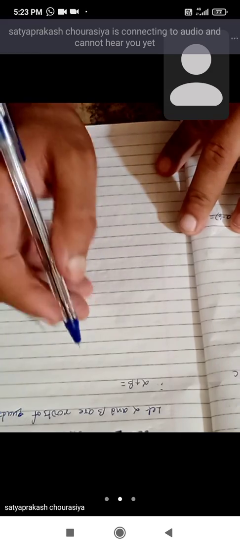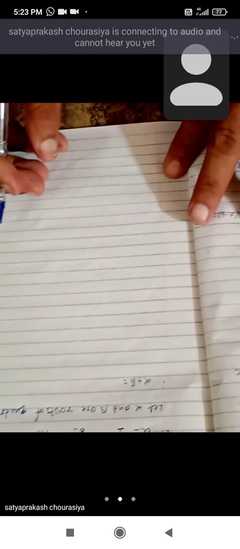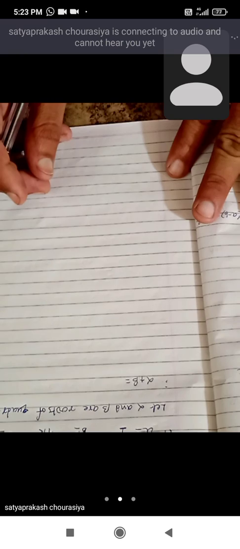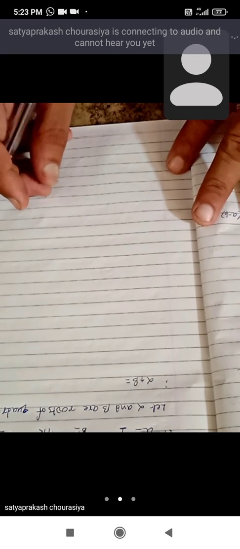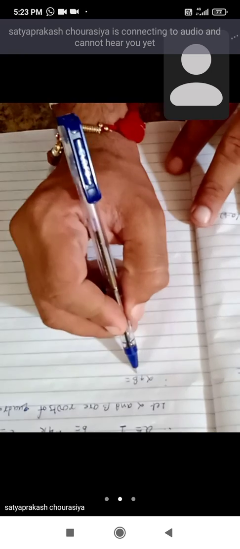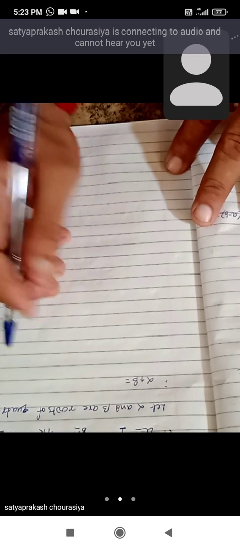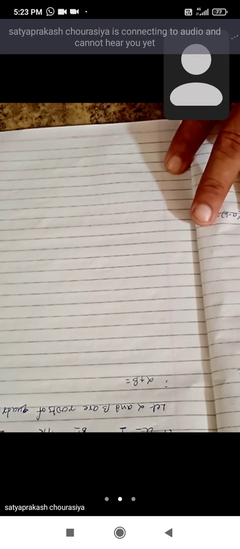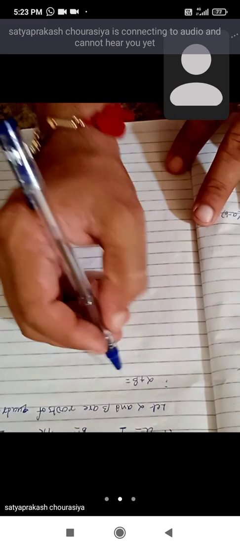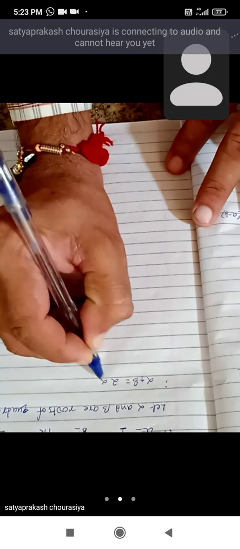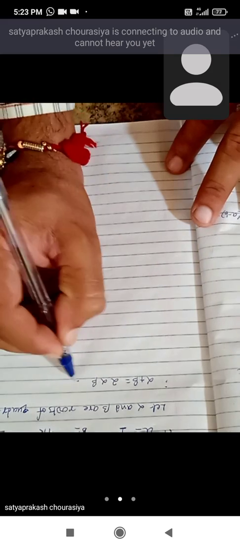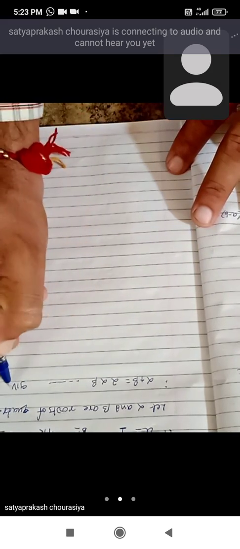It is given that the sum of the roots is equal to twice the product of the roots. This is given in the question. So this is equal to 2 alpha into beta. This is given over here.